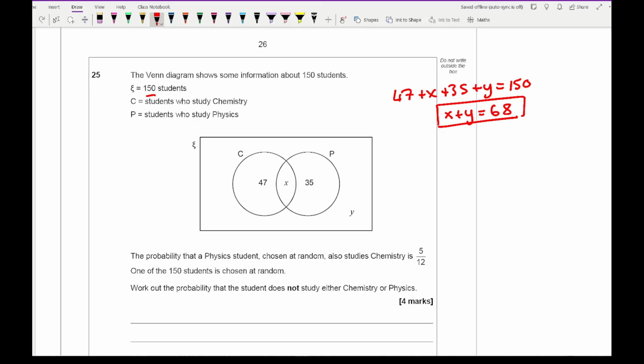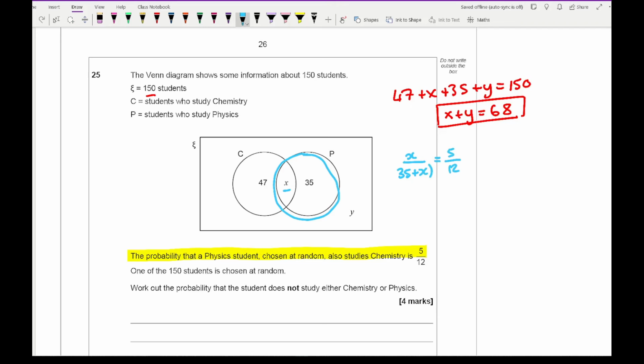Now the next thing we know, and the information that's been given, is that the probability that a physics student also studies chemistry is 5/12. So how many physics students are there? Well, there are going to be x number of that study both over the total of physics, which is 35 plus x, and that all equals 5/12.